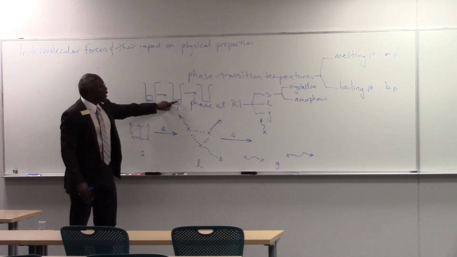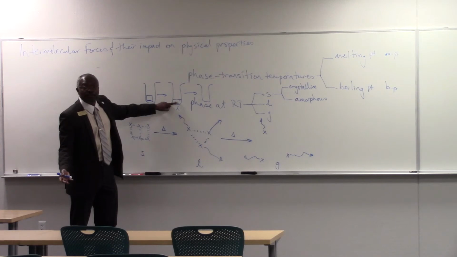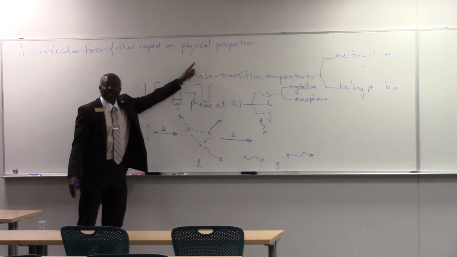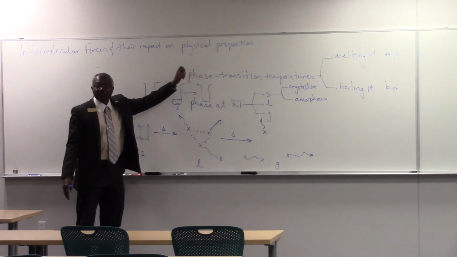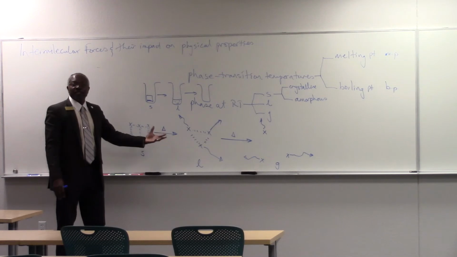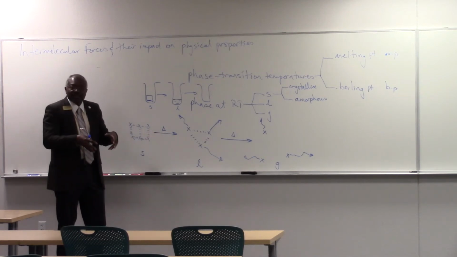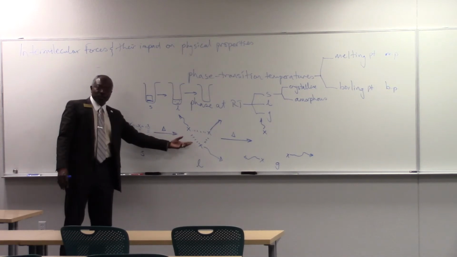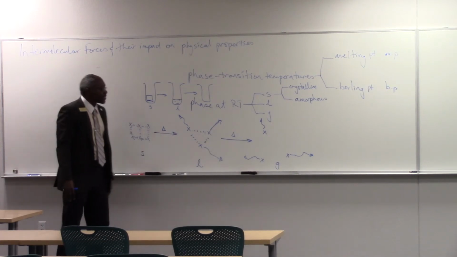If there were no bonds between them, there would be no force of attraction, and they would go out of the container. In other words, we would boil and just have a gas. So in the liquid and solid, in my condensed phases, there are forces of attraction locking them in the condensed phase. The bonds are stronger in the solid than in the liquid, which is why I have to add heat to overcome them to some extent.